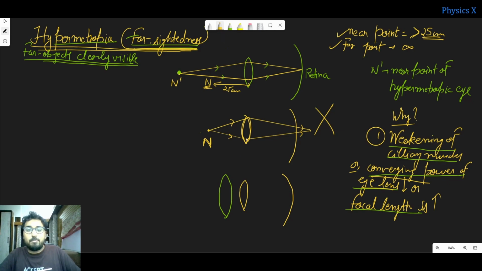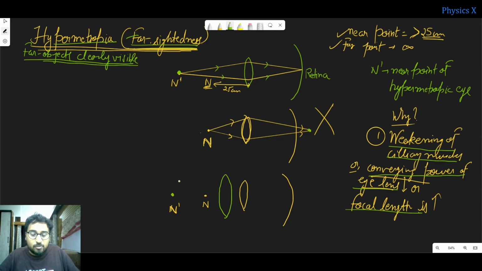Now suppose an object is placed at the near point, and this was, as I marked, the near point for this hypermetropic eye. Now the objective is to form this image at the retina or somewhere at this point.